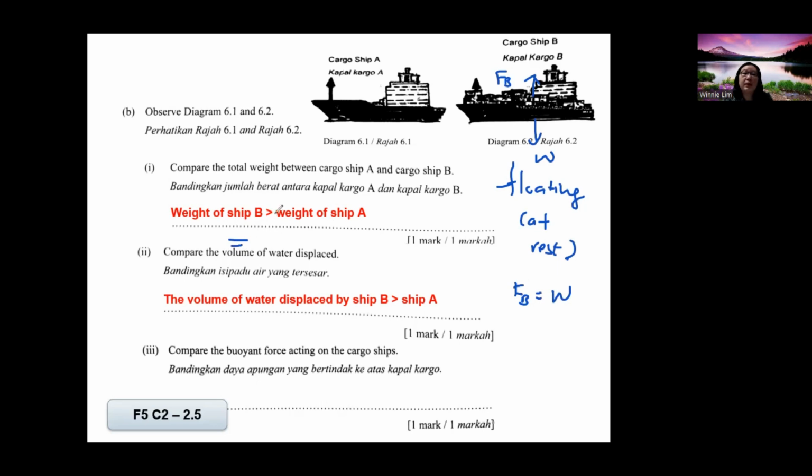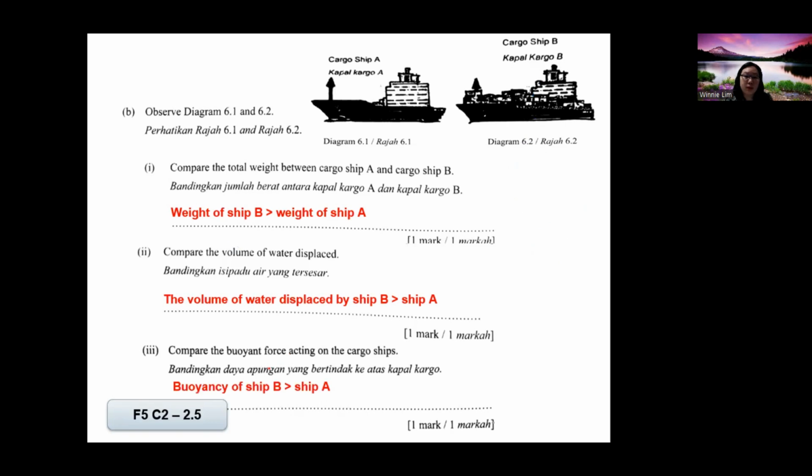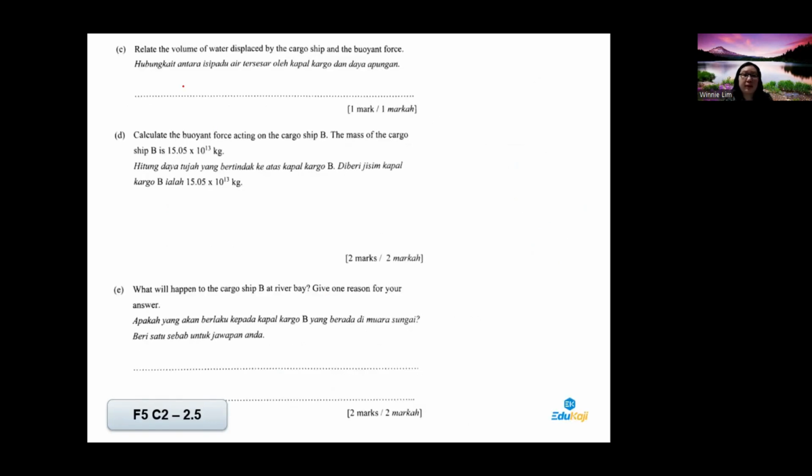B. So B will have a higher buoyant force as well. So you write: the buoyant force of B is greater than A. Then relate the relationship: the more the volume of water displaced, the more the buoyant force.